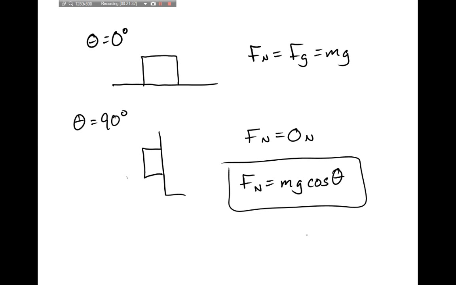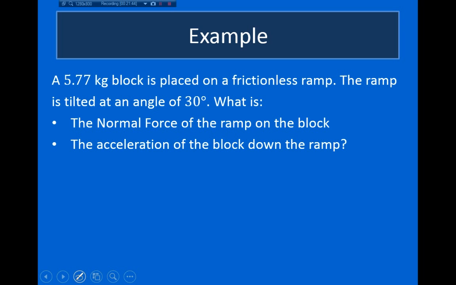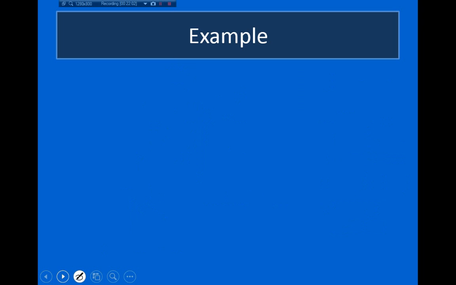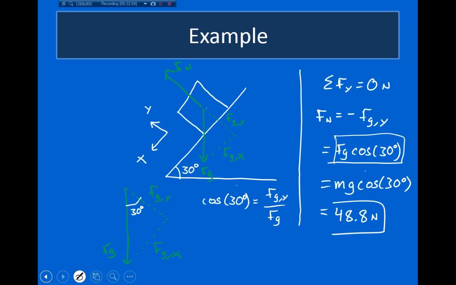We just went through some geometry relating all these similar triangles to figure out what the x and y components of the force due to gravity were, but you don't have to do that every time you solve this problem. You can really just think in terms of limiting cases and say, well, I know it's a sine or a cosine, which one makes sense? So that's how we get the normal force.